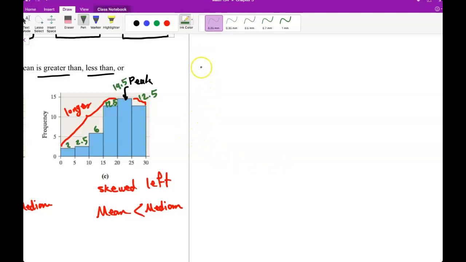First step, finding the sum of frequencies. We're going to use that one to find the median.